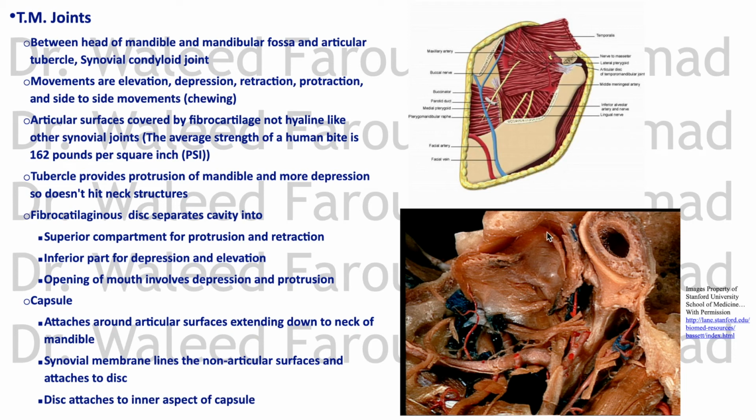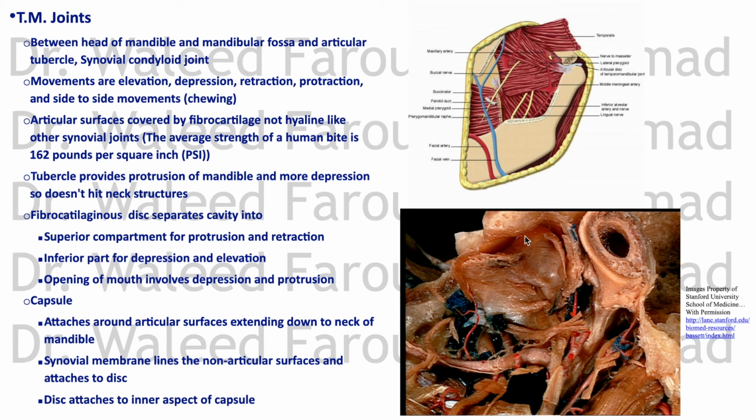The joint formed here is a synovial joint, meaning it has a capsule, it has synovial membrane and fluid, it has ligaments, okay? But it differs from the typical synovial joint in that the articular surfaces are not covered by hyaline cartilage like other joints.